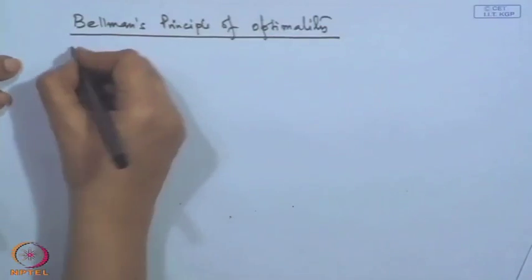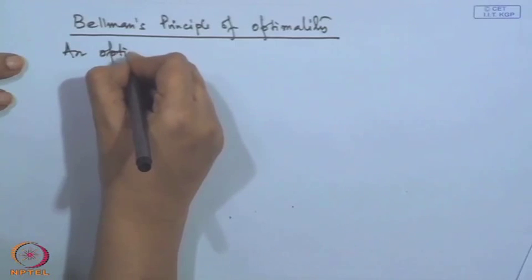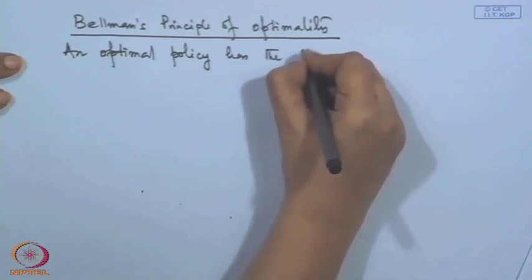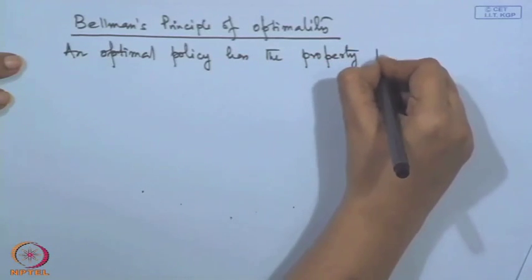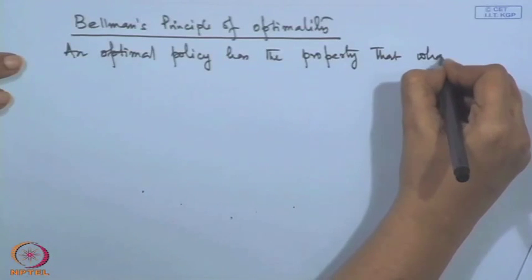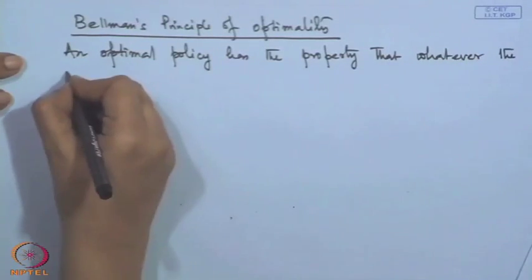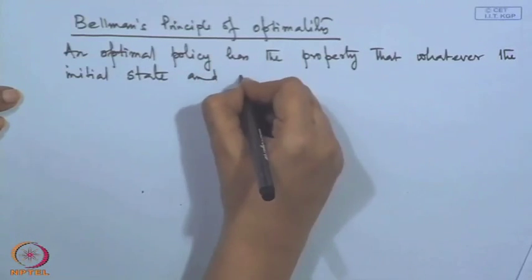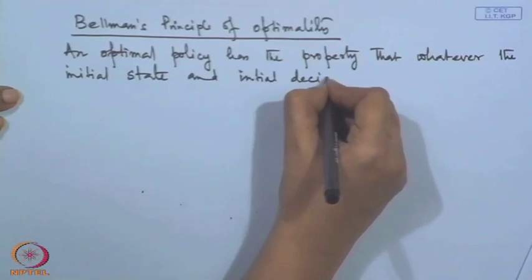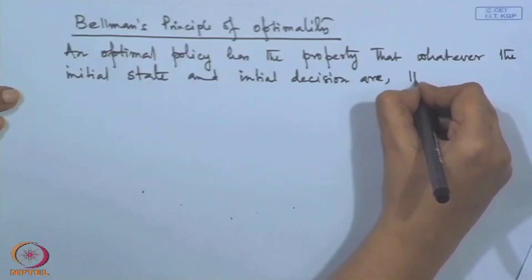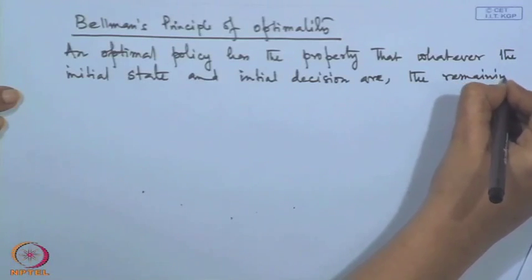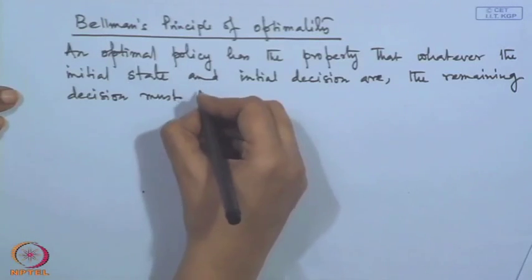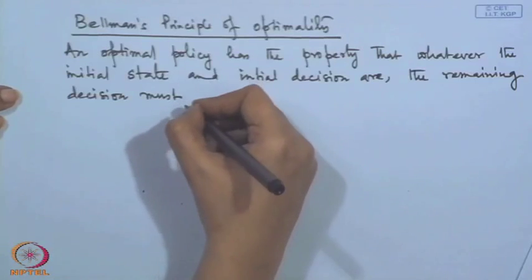If I write down formally the Bellman's principle of optimality, it says that an optimal policy has the property that, whatever the initial state is, the first decision constitutes, and the remaining decision must constitute an optimal policy with regard to the state resulting from the first decision. I am just copying the Bellman's principle of optimality, because that is very important.